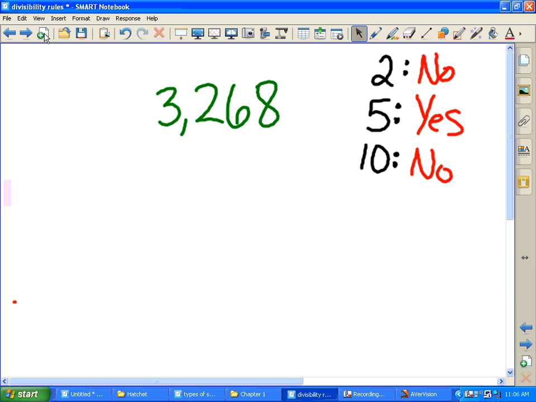Why is this number divisible by 2? Because the ones digit is... Hey, don't tell me.